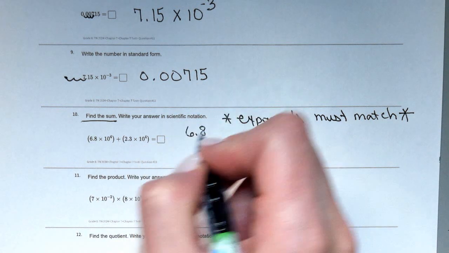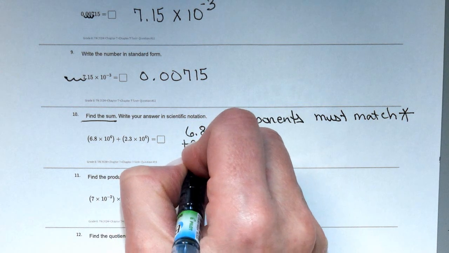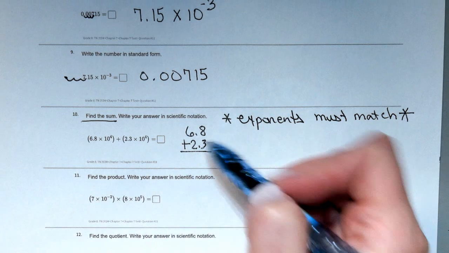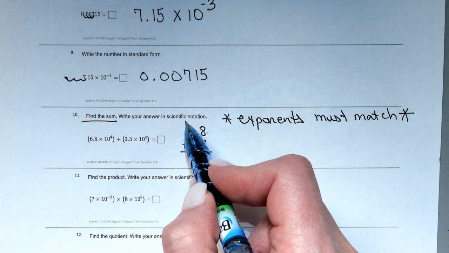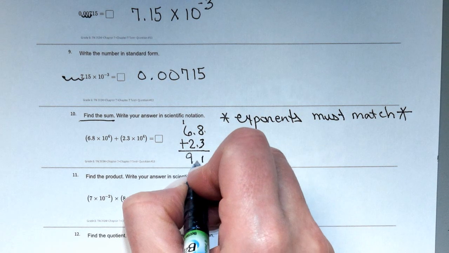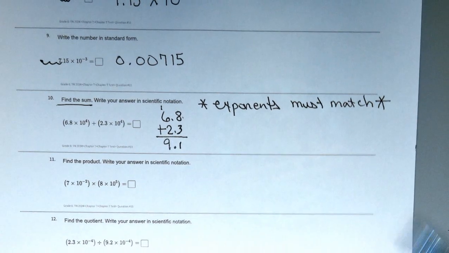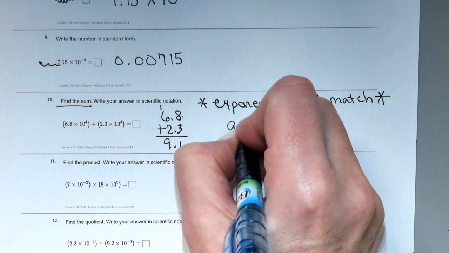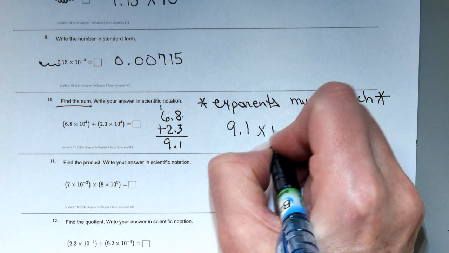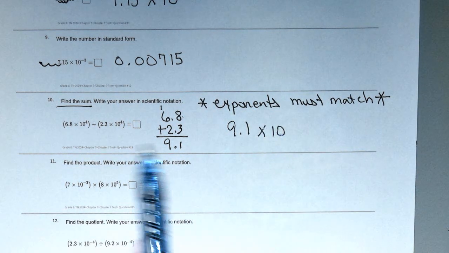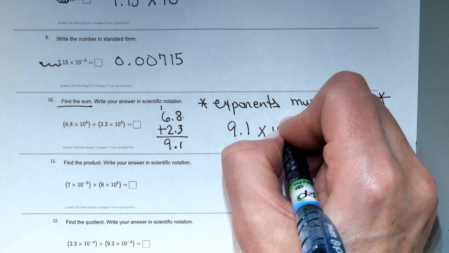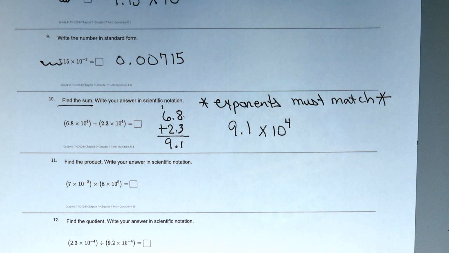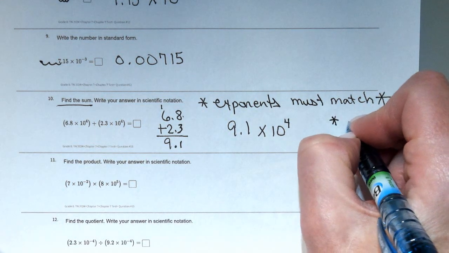So 6.8 plus 2.3, 8 and 3 is 11, carry the 1, 6 and 2 is 8, plus 1 more is 9, bringing my decimal straight down. So I have 9.1 times 10, and when we're adding or subtracting, we keep the exponent. So 10 to the 4th. So make a little note.